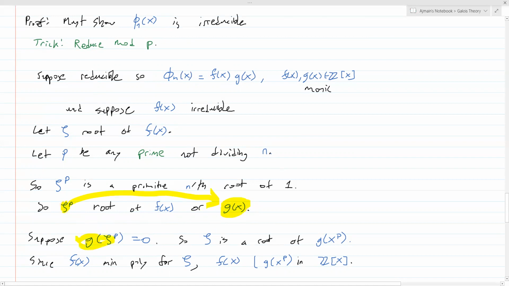So g of zeta to the p equals 0, which means zeta is a root of the polynomial g of x to the p. Since f of x is the minimal polynomial of zeta, we assume that f of x is irreducible and has this primitive nth root of unity as a root.